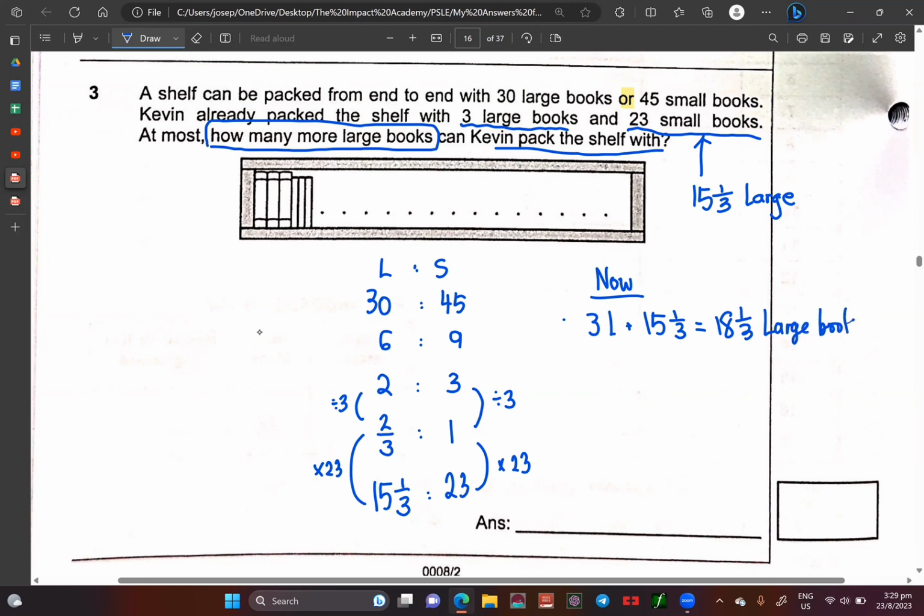Because the question told us that it can either put 30 large books or 45 small books, and since I've changed everything to large, I know that I have 18 1/3 large. How many more large can I fit? Over here we will just simply say how many more.